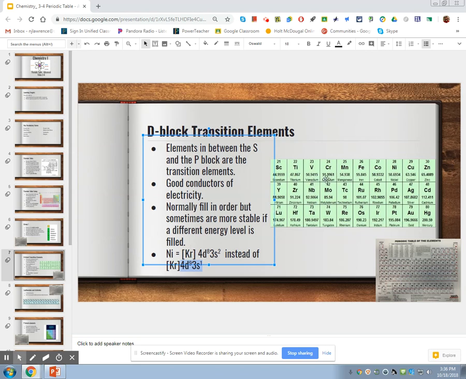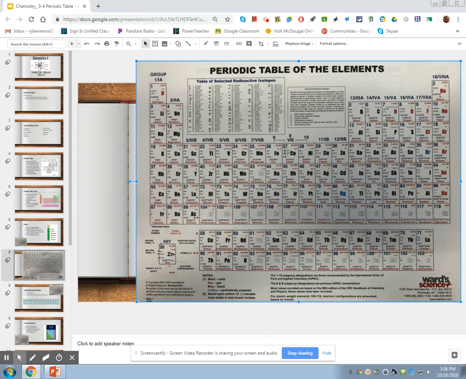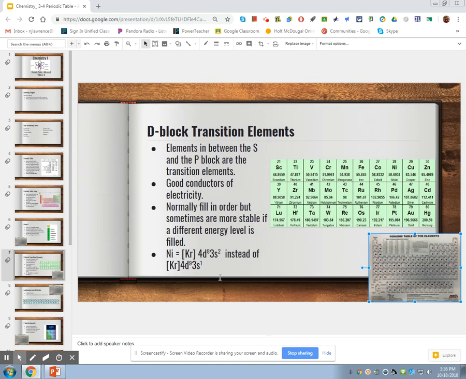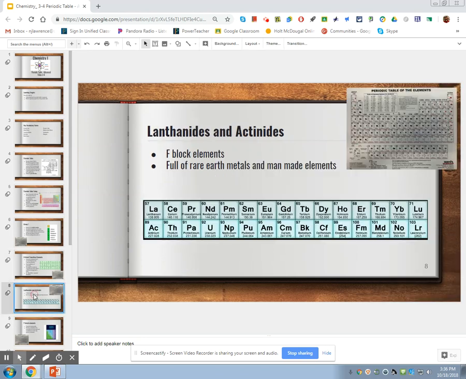But like I said, every now and then, things like chromium, things like silver will have exceptions where they will actually fill up the d orbitals first, or even put 1 electron in the d orbital before they move on. Again, those exceptions can all be found right here. But just keep an eye out. Transition metals do have some variations in electron configuration, but normally the s orbital gets filled first and the d orbital gets filled second.